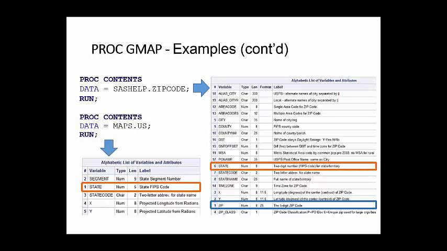We'll use PROC CONTENTS to see the list of all the variables in maps.us and sashelp.zipcode. The highlighted variables are the ones that we are using in the PROC GMAP procedure. Here are the 2 variables we are looking for. Zip is the variable of interest, and state is the geographic level we are working on.